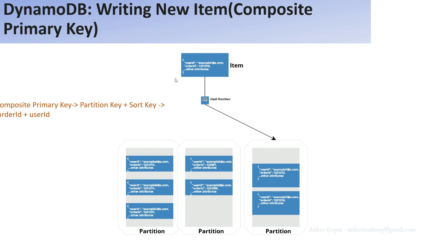So to summarize, a new item comes in, DynamoDB checks for user ID, it hashes the user ID, which is the partition key, and stores it in a partition. But it also checks for the order ID, which is a sort key, and makes sure while storing your item in the partition, it stores in a particular order by order ID. So it makes it really fast for DynamoDB to do these operations.